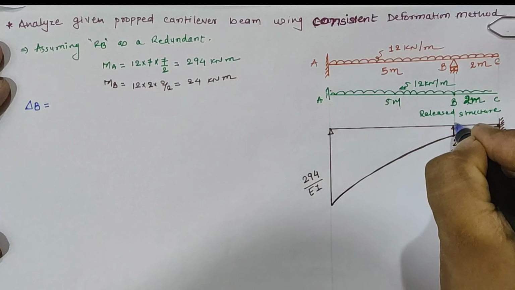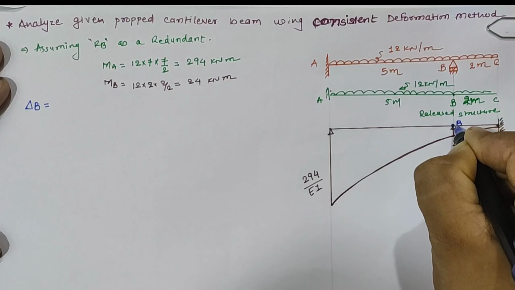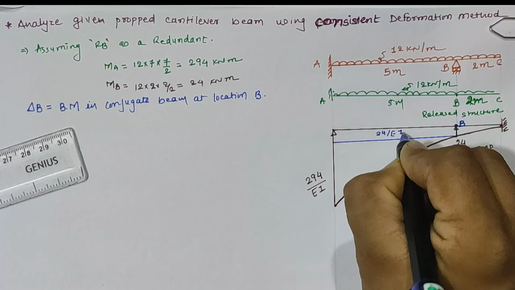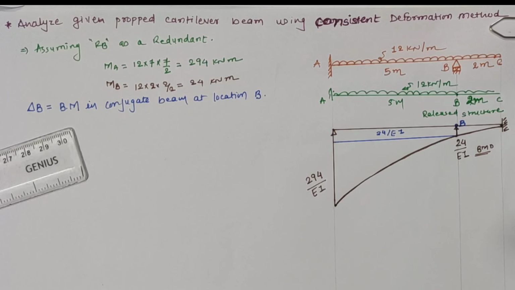It means we have to calculate the delta at location B in the conjugate beam, which can be given by the bending moment in the conjugate beam at location B. But if we convert this parabola into 24 by EI as a rectangular part, then the rest part has an area which is not in a triangular shape.